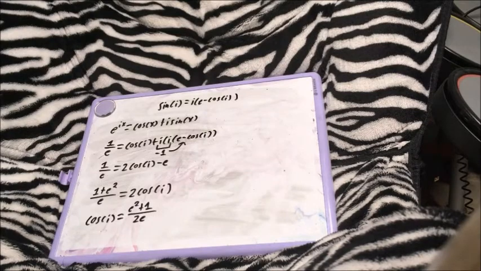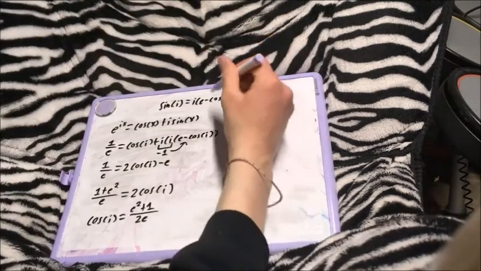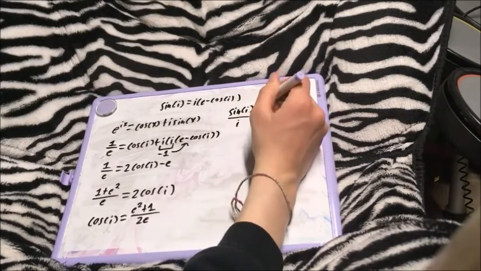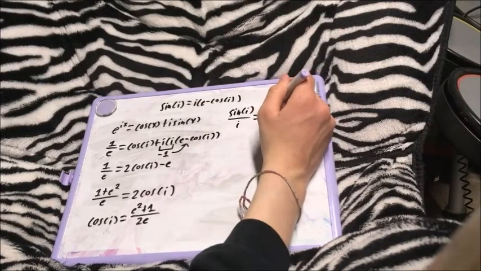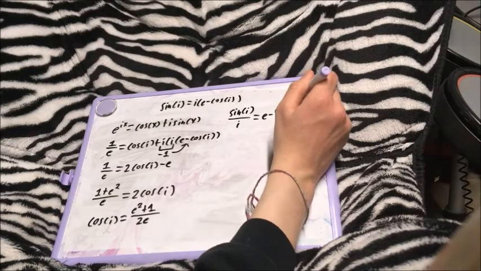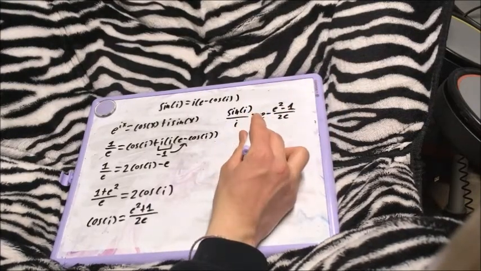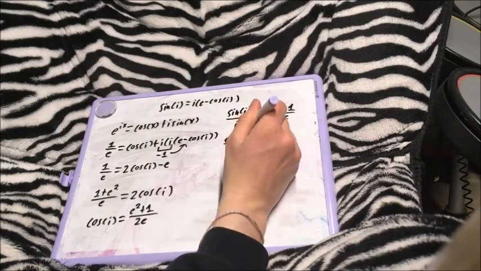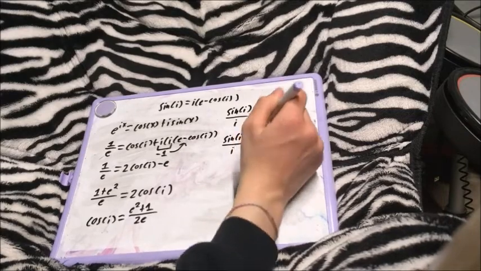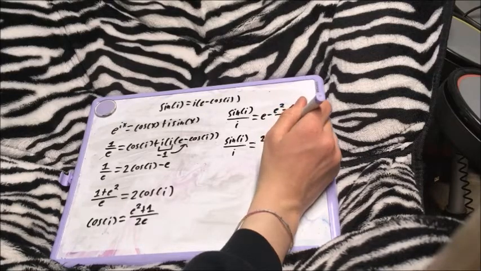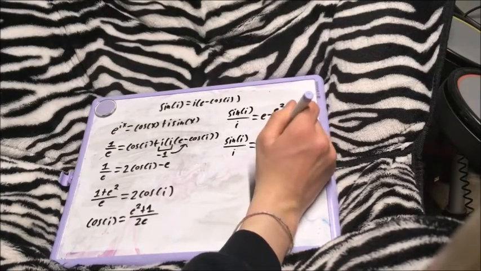With the knowledge of cosine of i, we can start simplifying sine of i. For convenience, you'll see later on, we're going to make the sine of i divided by i equal e minus e squared plus 1 over 2e. We can simplify this by making this e have the denominator 2e, giving us sine of i over i equals 2e squared minus e squared plus 1 over 2e.